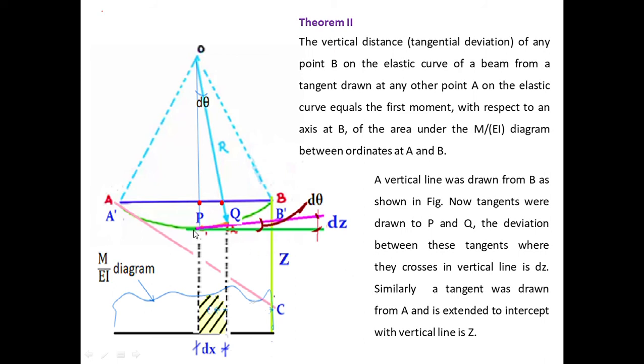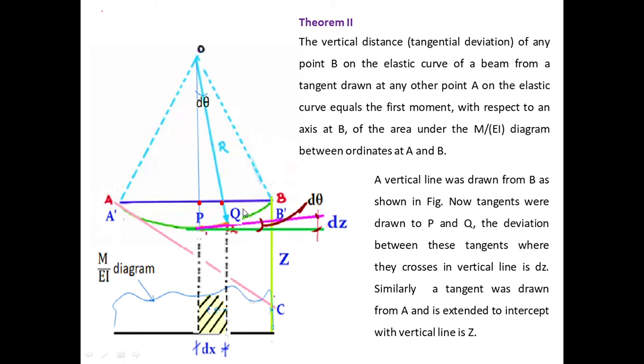Now, we draw a vertical line from B, a perpendicular line. Why we draw a vertical line here is that it is a reference line. Here, at the point B, we are going to determine the vertical distance, so we consider this as the reference line.